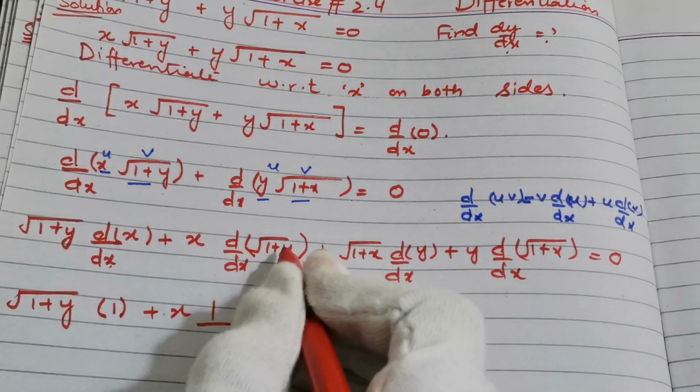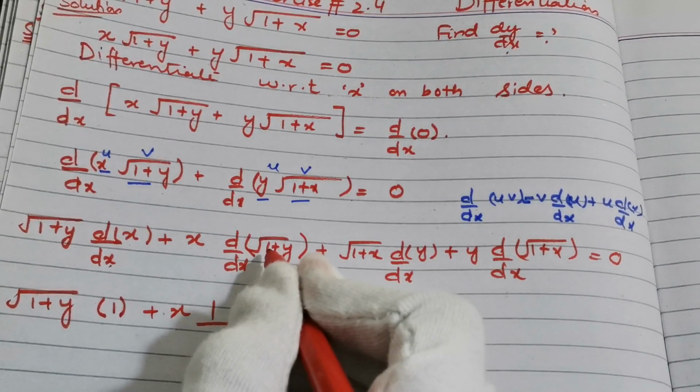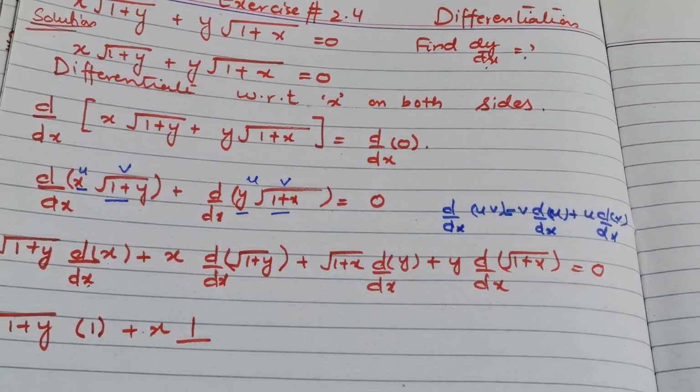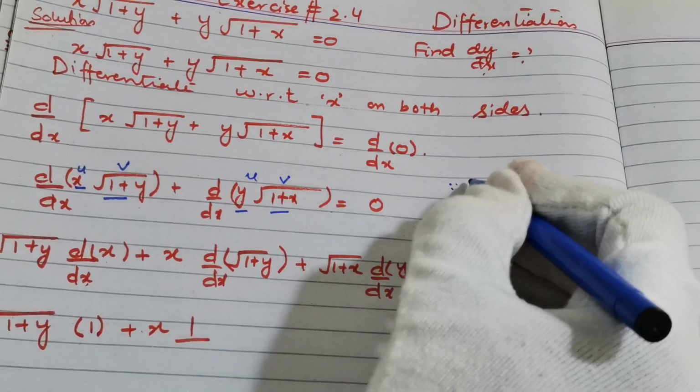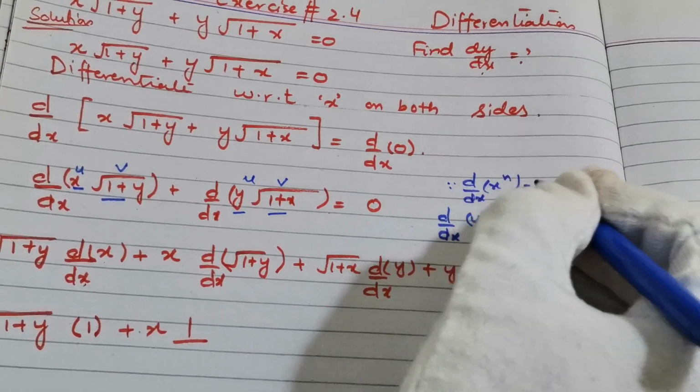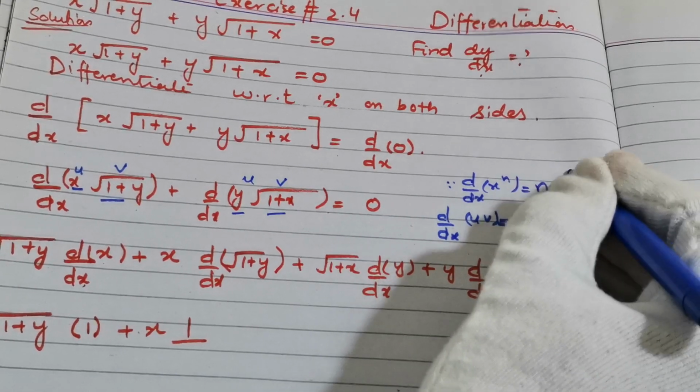1 by 2. Here we will apply the power rule. And what is the power rule? According to the power rule, the derivative of any power of a variable is n x to the n minus 1.